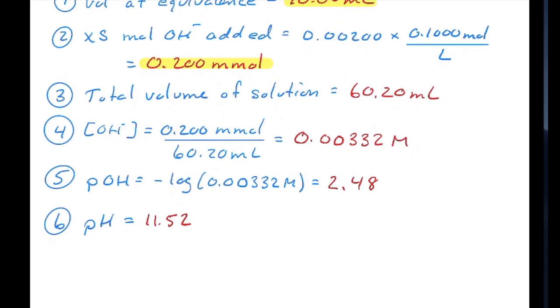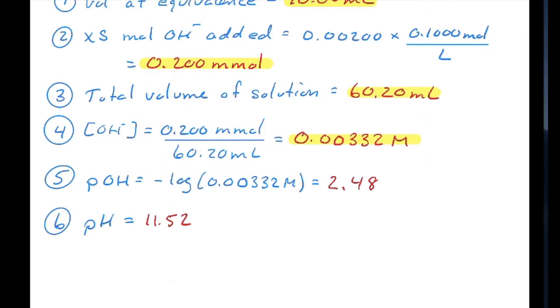The total volume is going to be important because we're going to need a concentration eventually. So the volume is going to be 50 plus the 10.2. So our volume is 60.2 milliliters. Concentration of OH minus is going to be the moles of OH minus divided by the total volume. So we have 0.00332 molar. And then to determine the pH, again, I did pOH first.